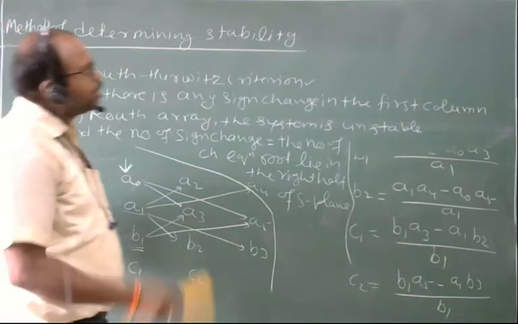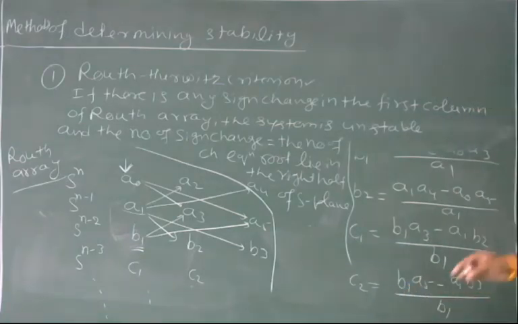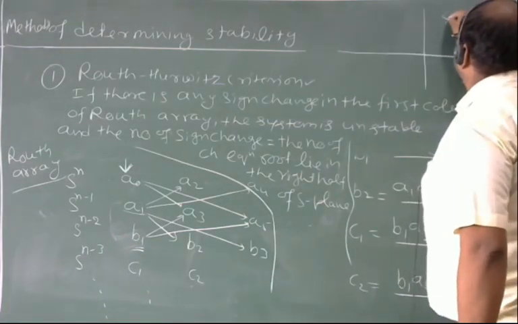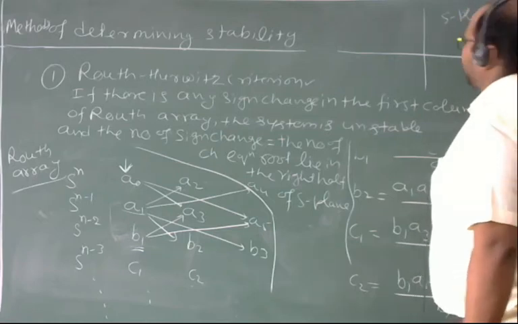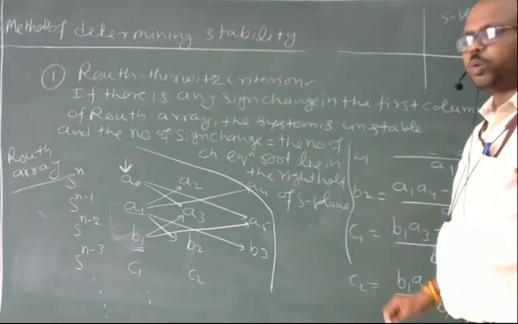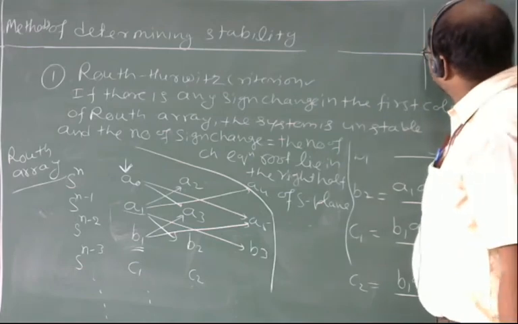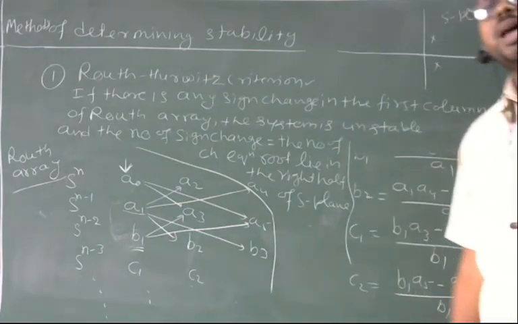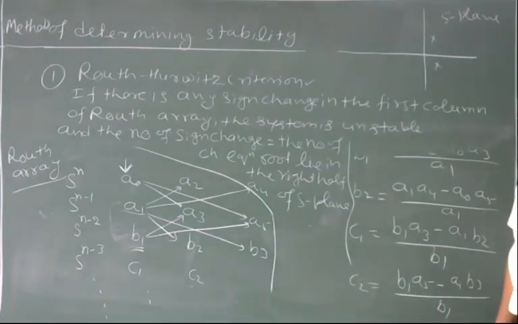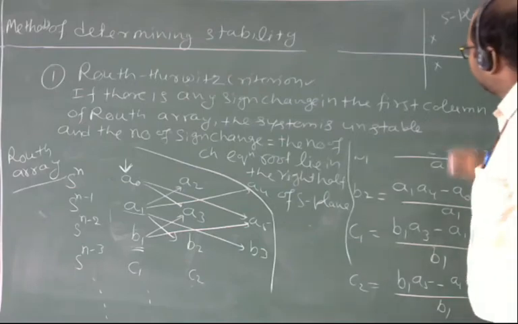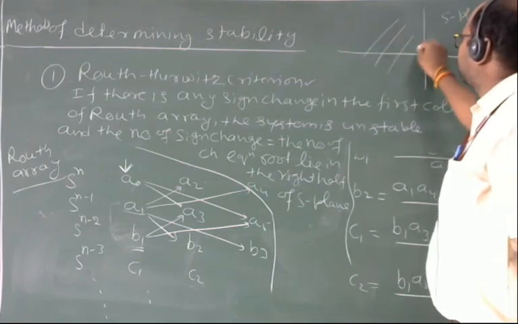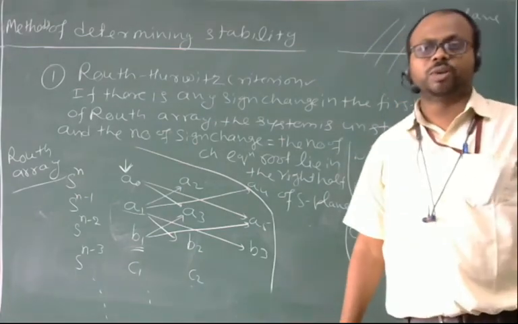So we know that in the S plane, if a root lies in the right half of S plane, if a pole lies in the right half of S plane, it means the system is unstable. And if all the poles lie in the left half of S plane, then only the system will be stable.